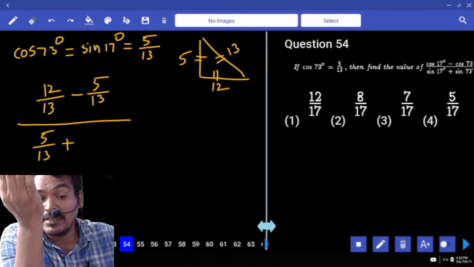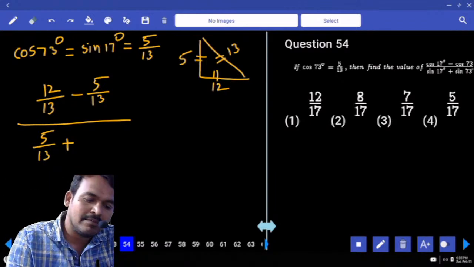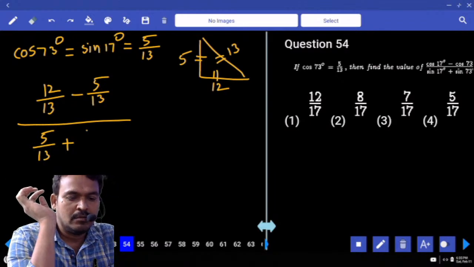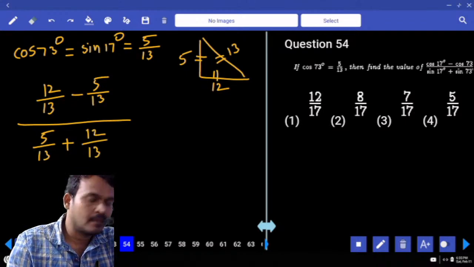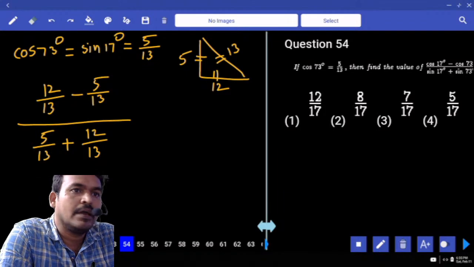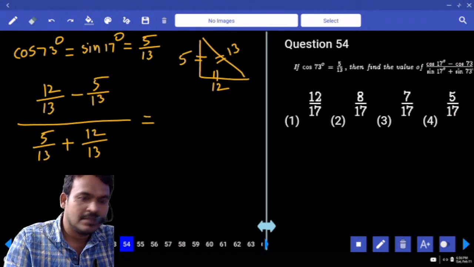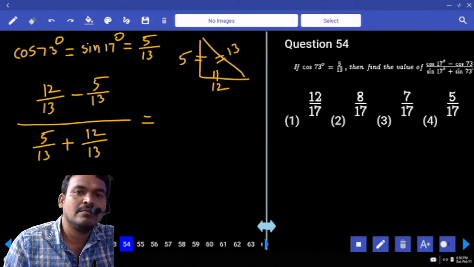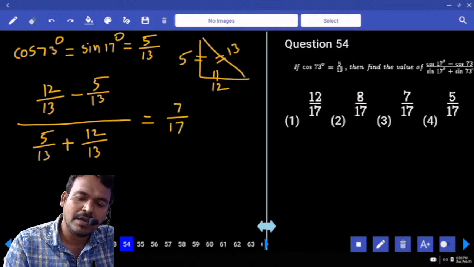Sin 73 is also equal to cos 17. What is the cos 17 value? 12 by 13. Any confusion? No. 12 minus 5 is 7, so 7 by 13. Denominator is 17 by 13. What is the answer? 7 by 17.